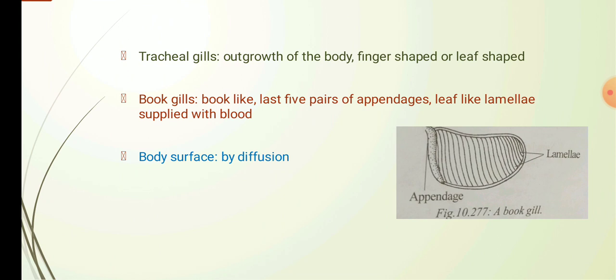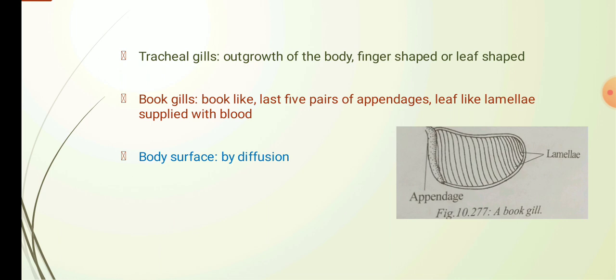The next one is the body surface. In many arthropods, respiration occurs through the general body surface by diffusion. What is diffusion? Diffusion is the net movement of any material from the higher concentration to the lower concentration, driven by the gradient.